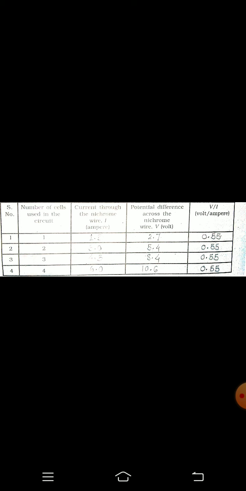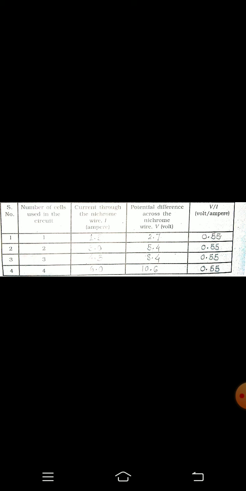Now, observation. You can see in the last column V divided by I, that is the ratio of potential difference and electric current. Observe the values which we got. What is it? 0.55. In all observations, for all the readings, we got the same value of V divided by I. That is, here in this example, we got 0.55.